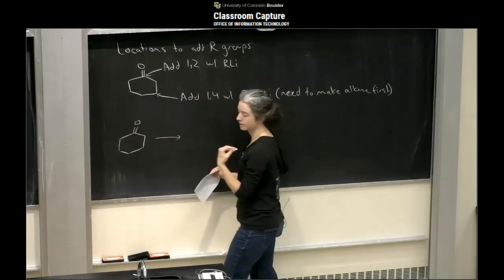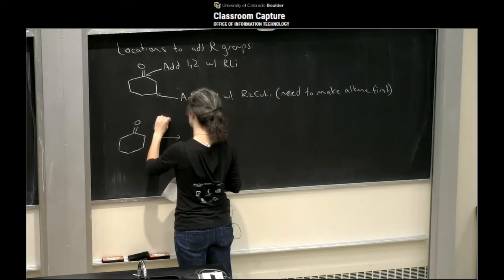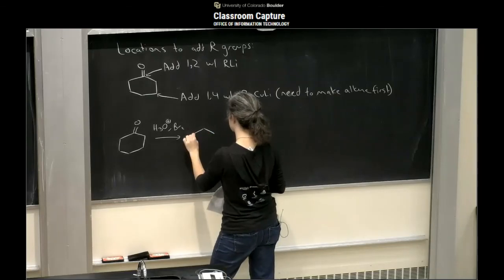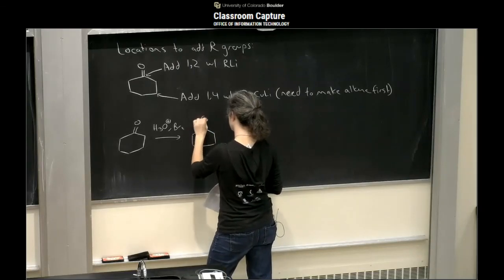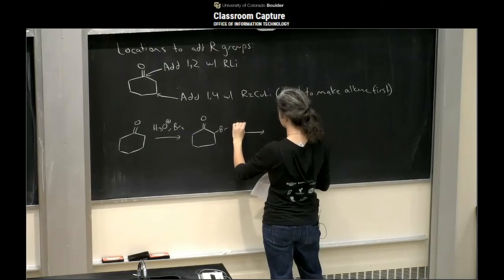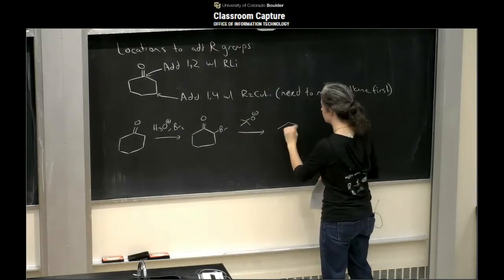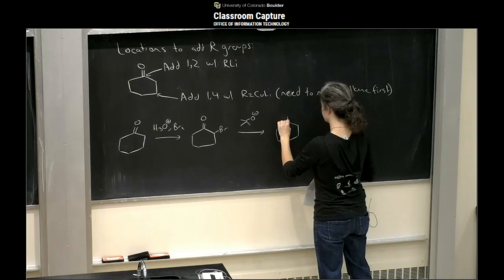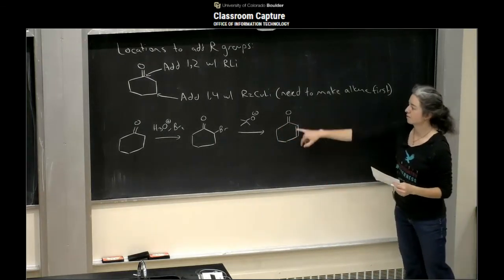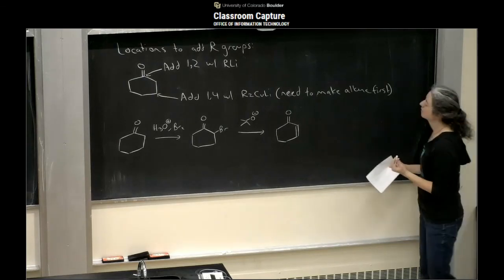We know that in acid it just halogenates at the alpha position once, so let's do H3O+, Br2. Add a bromine there, and then an E2 elimination would give us that. And then we can do 1,4 with cuprate, the way that we want.